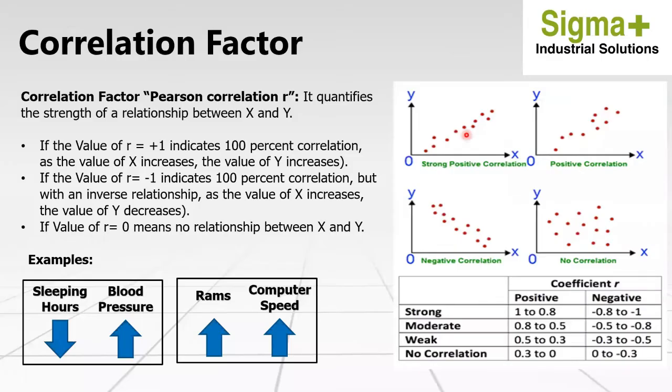If we look at the scatter diagrams, which are mainly used to understand the correlation between variables, in the first scenario we can see a strong positive correlation, which can be seen through the residual lines.